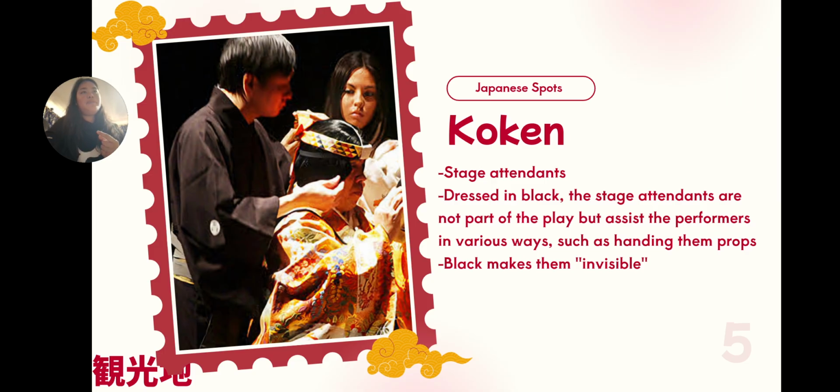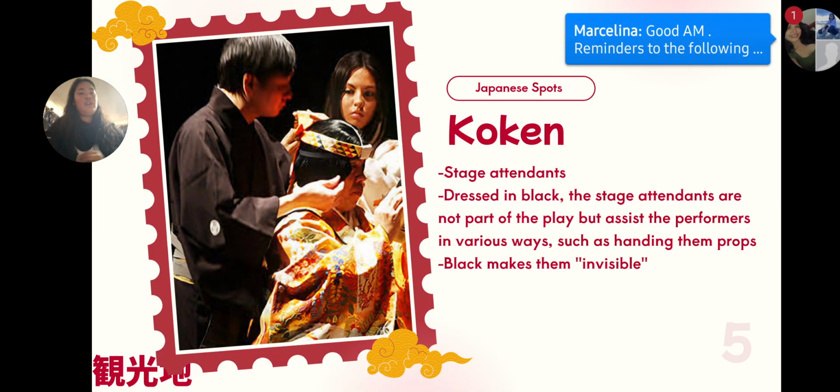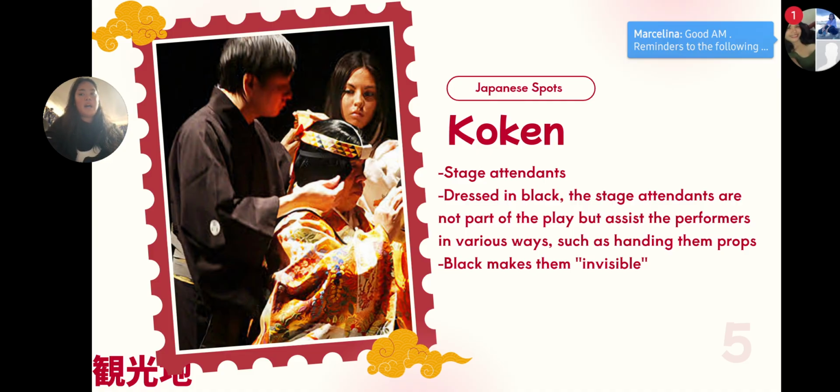They are stationed at the left side, at the back portion, or the area that is not visible. They just assist with the arrangement of the headdresses, the accessories, and fixing the clothing and whatever else.